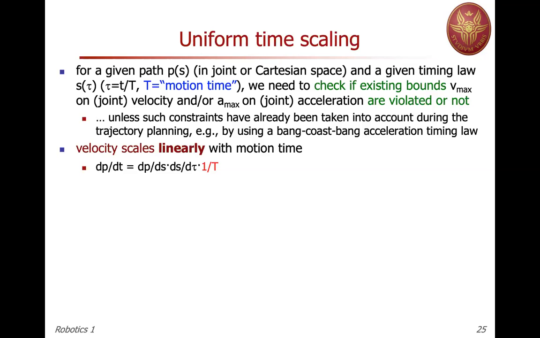So we do the chain of derivative. So we have dp over ds, ds over d tau, d tau over dt, which gives a factor 1 over T. So if we double capital T, we will halve the velocity at any time, because all the rest remains the same.